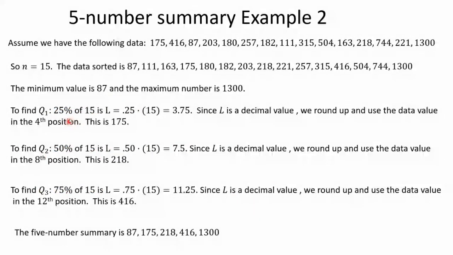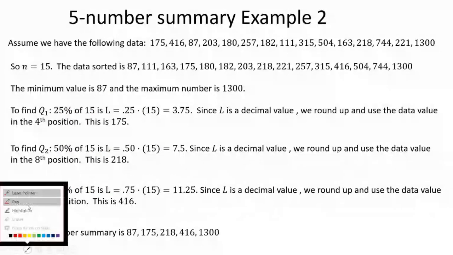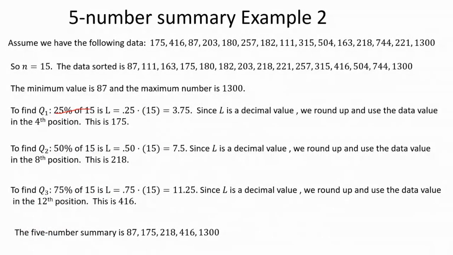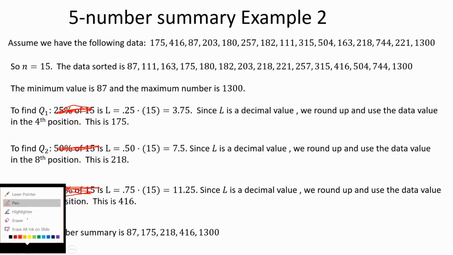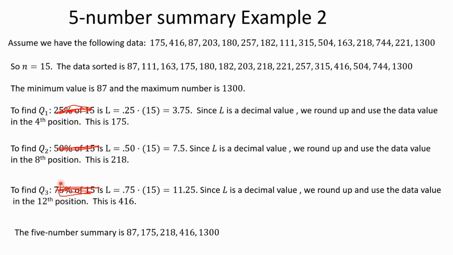So again, let me just cross some of these out. Not really wrong for me to have them, but I don't want to cause more confusion than necessary. So we have this data, right? Again, this is not sorted.